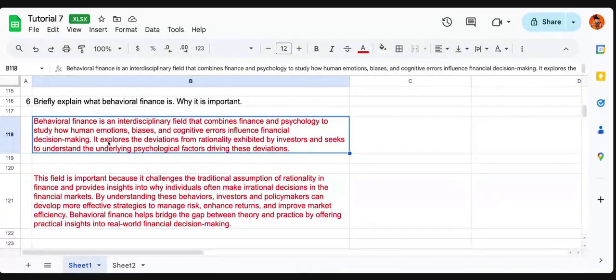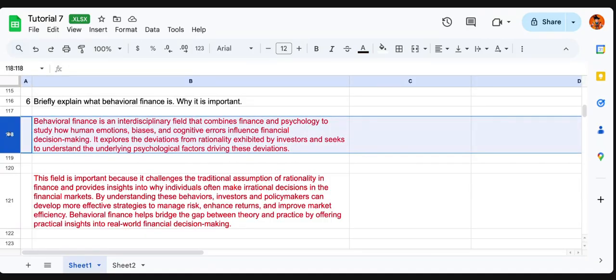All right, so in the first paragraph, I say behavioral finance is interdisciplinary. That means combining two disciplines: one is finance, the other one is psychology. It combines finance and psychology to study how human emotions and biases influence financial decision making. It explores the deviations from rationality.